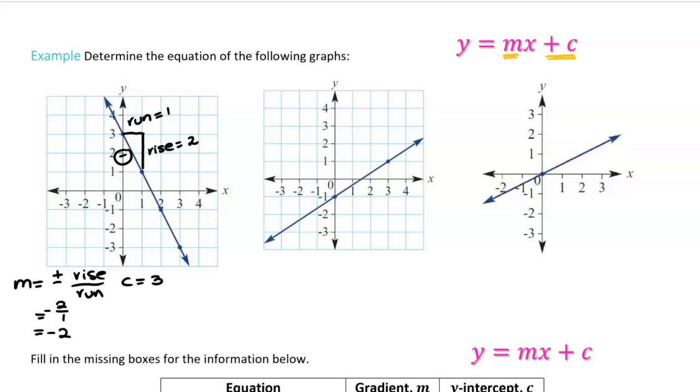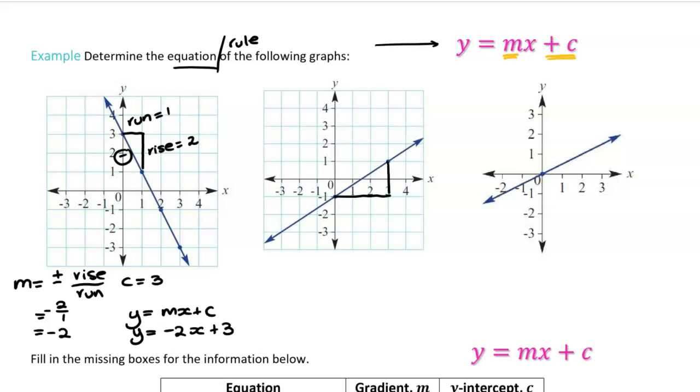So that means the rule, or the equation, always looks like this: y equals mx plus c for the majority of our lines. So y equals minus 2x, and then we add 3 for c.